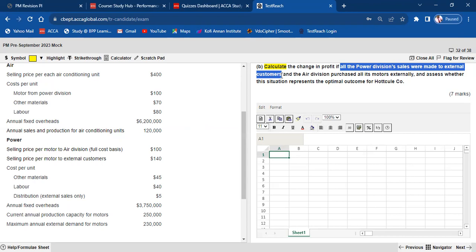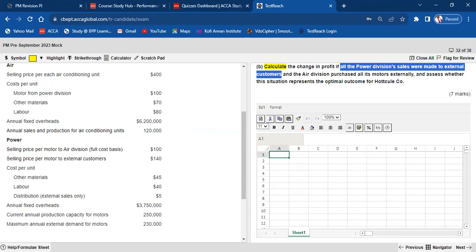I don't know, but I think that if I was the manager of the power division, knowing this condition now, I will not exhaust my capacity. I won't produce the 250. I know I'll have 20,000 left, so I'm going to produce only 230,000 and sell all the 230,000 and I'm done. That's what I will do.